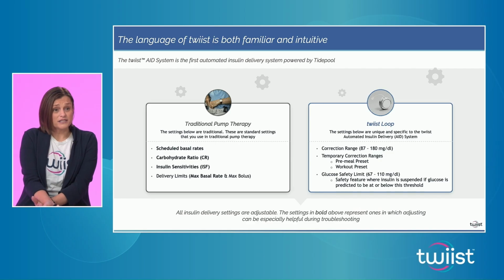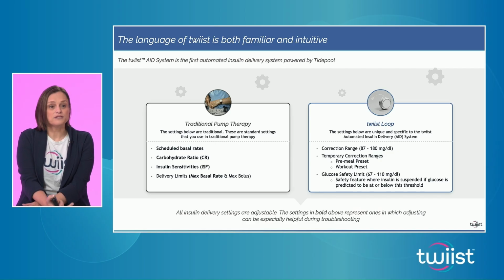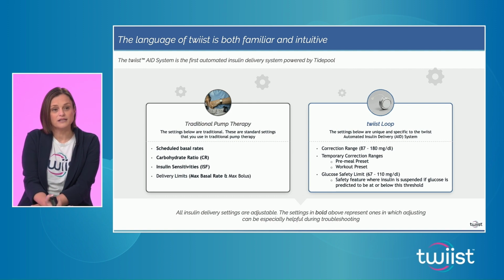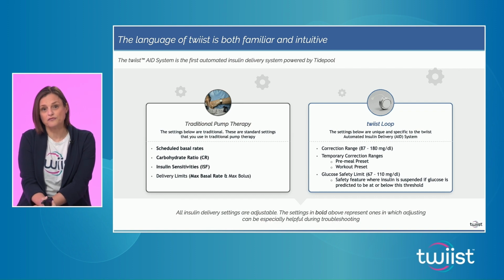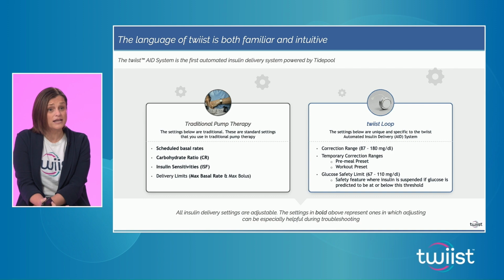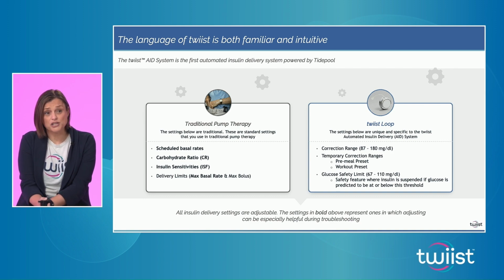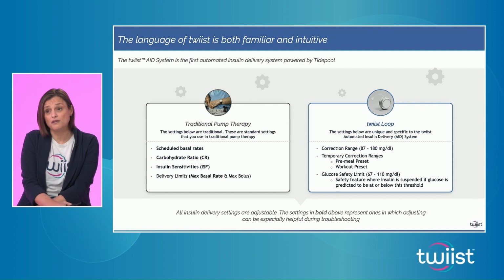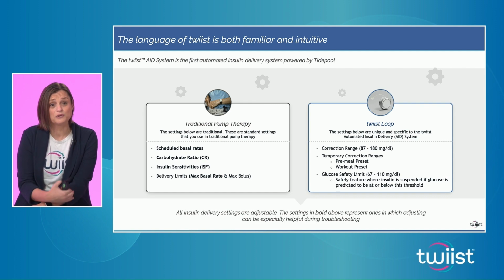In a traditional insulin pump, the settings that you set are the scheduled basal rates, the carbohydrate ratio, the insulin sensitivity factor, and then there are delivery limits, both set for max basal rate as well as max bolus. The scheduled basal rates, carb ratio, and insulin sensitivity factors are all things that can be changed in order to help make the automation work better for your people with diabetes.